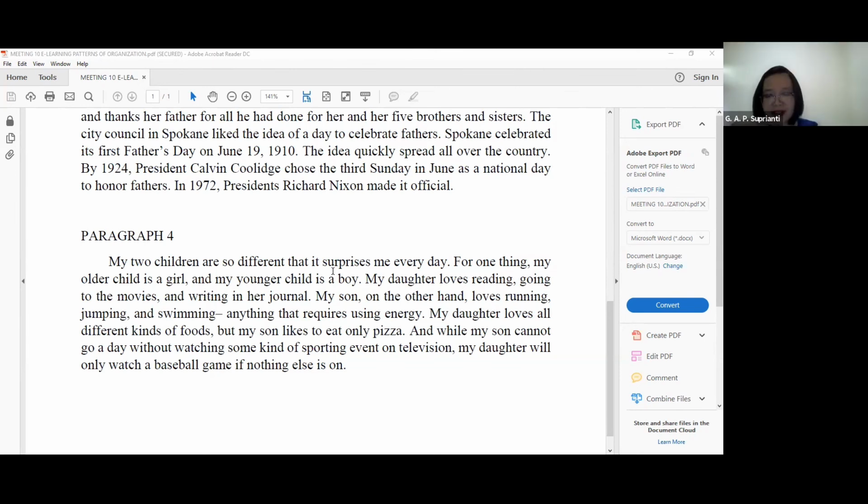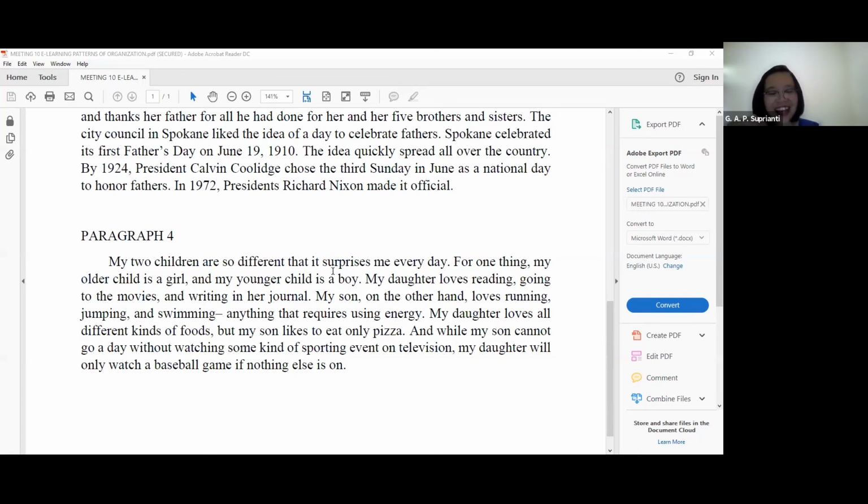Only contrast, yeah. So don't you think it has similarities? Oke, Meta, kan sama-sama anaknya author, ya. Oke, comparing and contrasting.